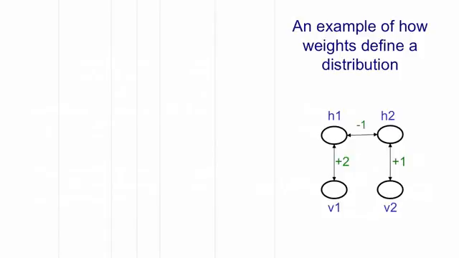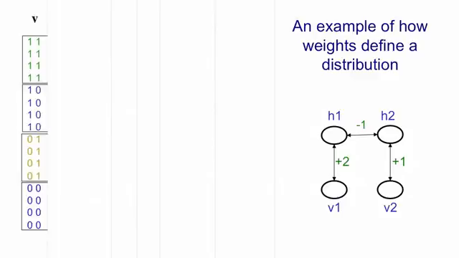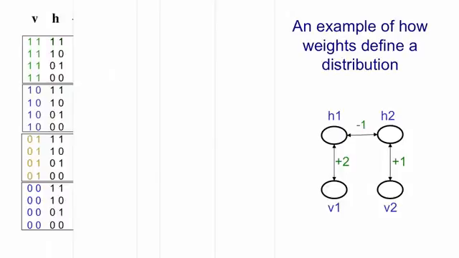So the first thing we do is write down all possible states of the visible units. I'm going to put them in different colours, and I'm going to write each state 4 times, because for each state of the visible units, there's 4 possible states of the hidden units that could go with it. So that gives us 16 possible joint configurations.